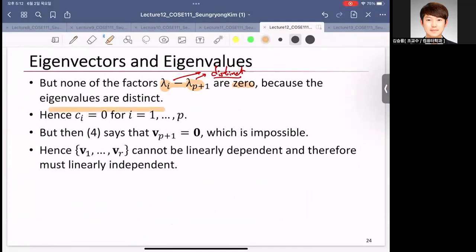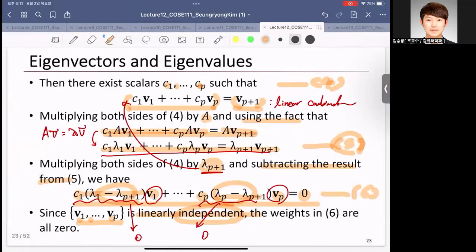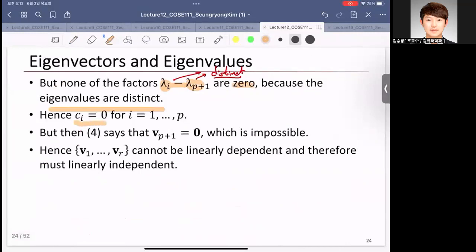So Ci, C1, C2, ..., Cp should be 0 for all i equal to 1, 2, 3, ..., p.